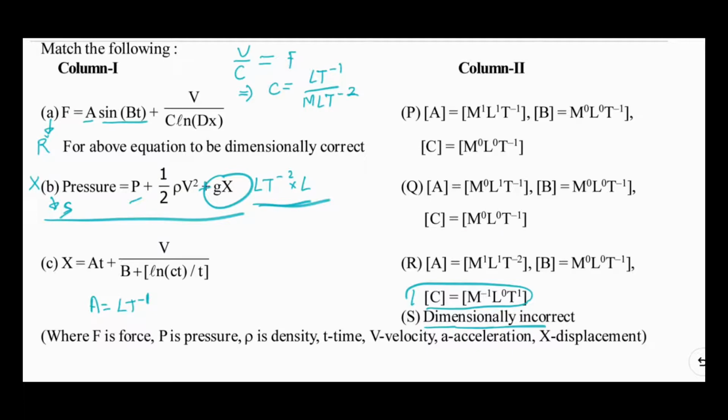So the dimension of C is correctly matching. Now let's check for the dimension of B. This ln of something is definitely going to be dimensionless, divided by T. So this term has a dimension of 1 upon time. So B should have a dimension of 1 upon time, then only we can add this. B is given here as 1 upon time. So option C is now correctly matching with option Q as we have checked.